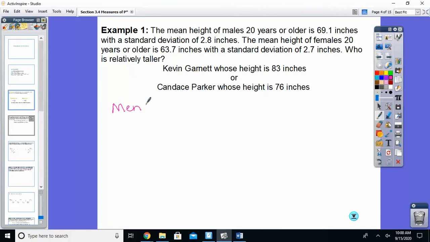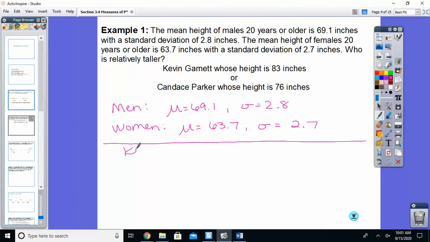I would put for men, we are talking about a mean 69.1. Our standard deviation is 2.8. For women, the mean is 63.7. Standard deviation of 2.7.